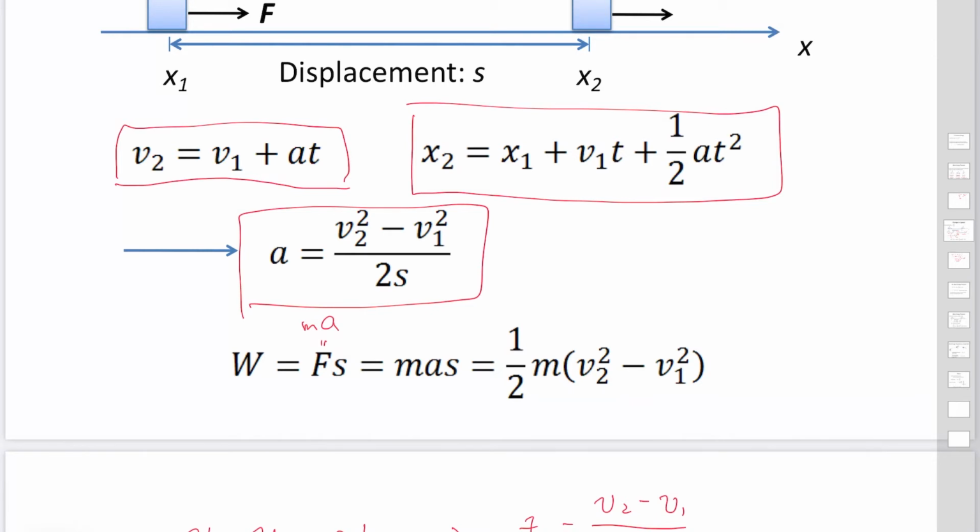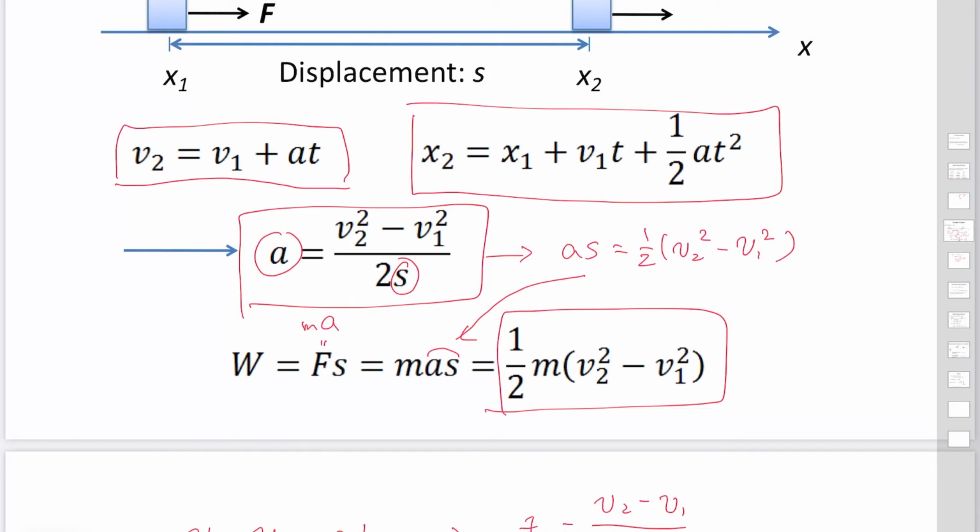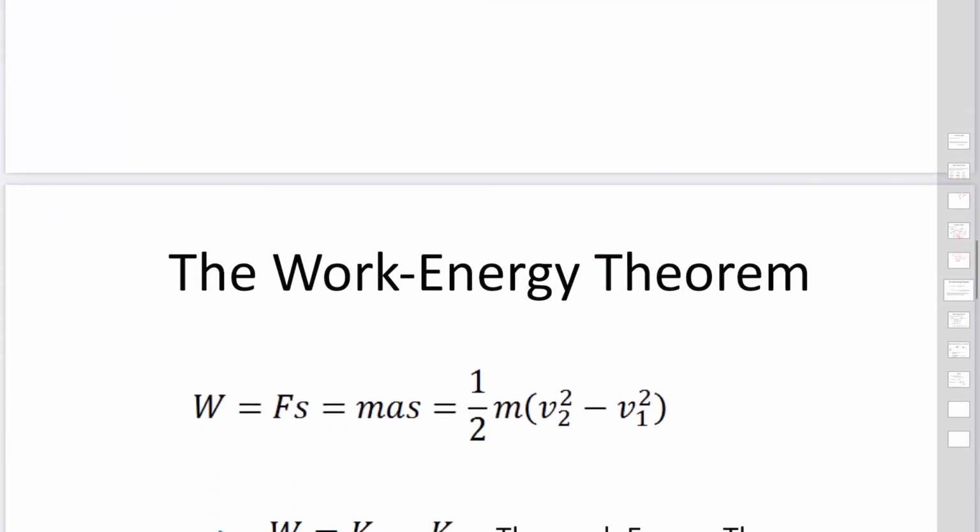So W equals m a s, and from the previous result, a s equals 1 over 2 (v sub 2 squared minus v sub 1 squared). Substituting, the total work done on the object equals 1 over 2 m (v sub 2 squared minus v sub 1 squared).